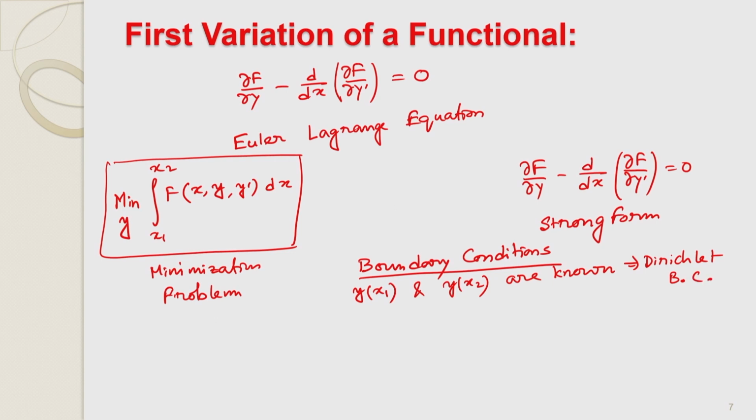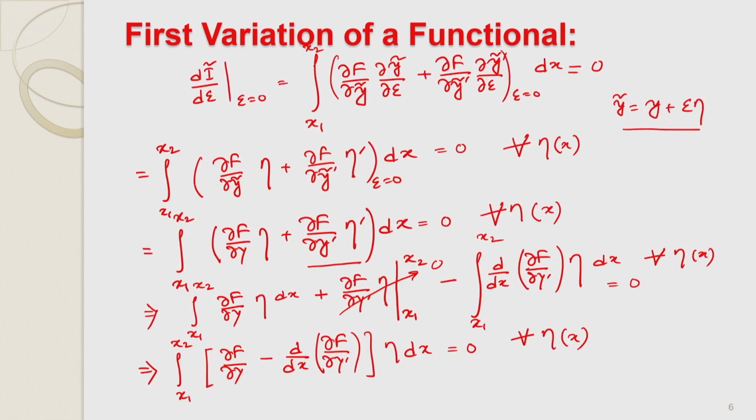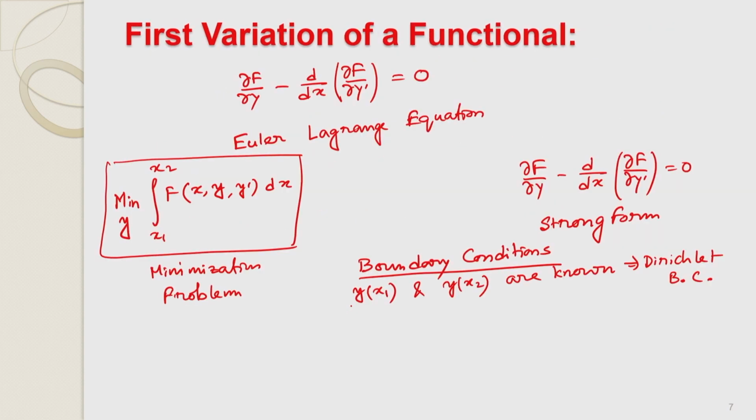Now, if you see the boundary term here, another possible boundary condition is that del f by del y prime is known at x1 or x2.